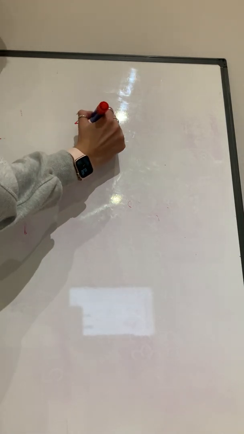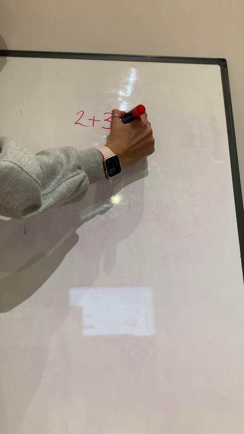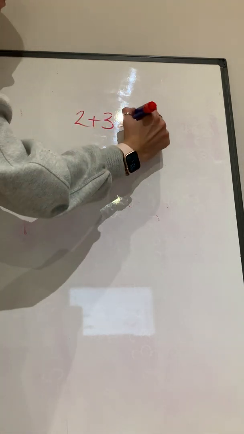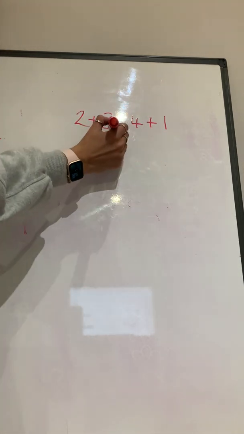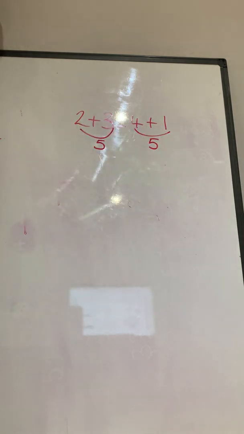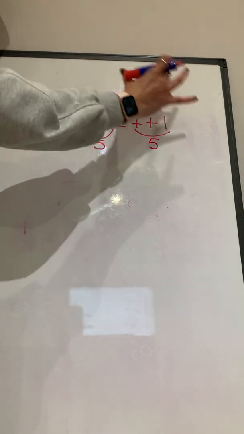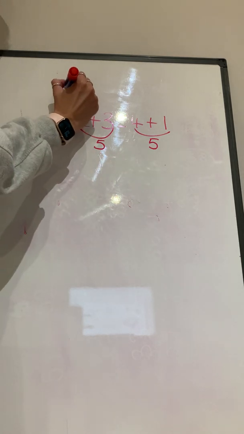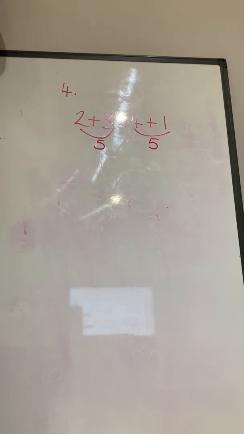So for example, if I use an easier example, 2 add 3 is the same as 4 add 1, because this side totals 5 and this side totals 5. Okay, so that's what an equivalent calculation is. That will help you understand number 4.